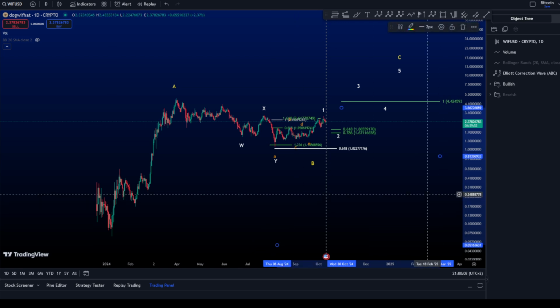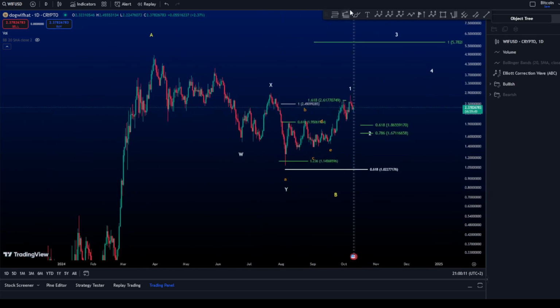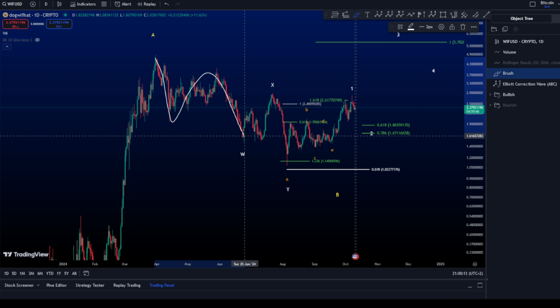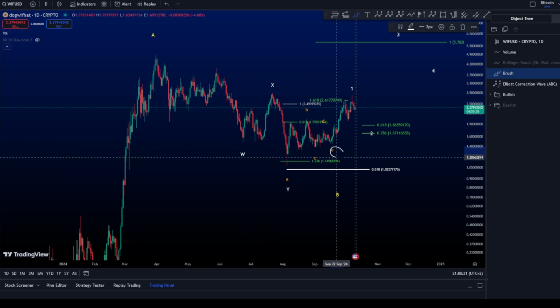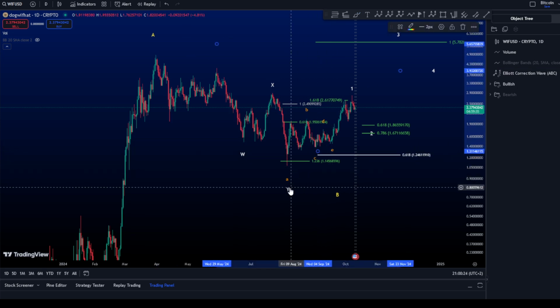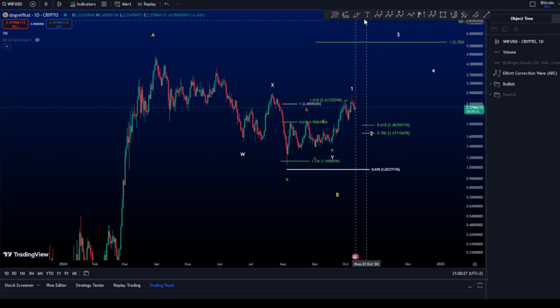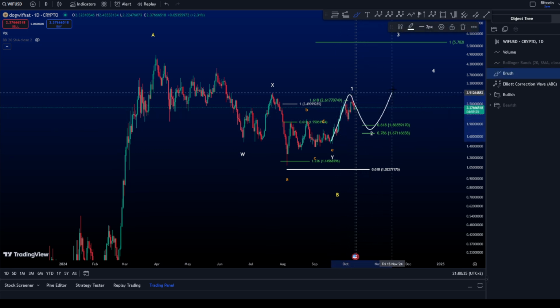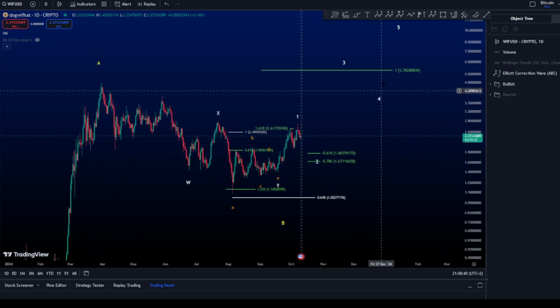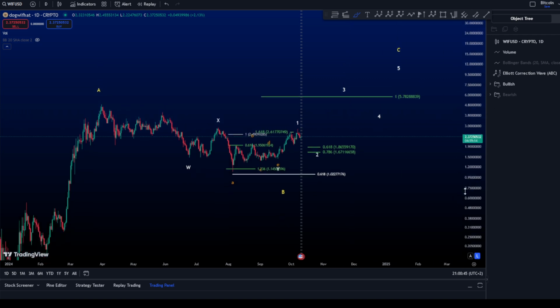Your WXY has finished, of course, as a W in a zigzag, where we can see here a zigzag, and another zigzag for your wave X, and A, B, C, D, and an E as a triangle for your wave Y. So, of course, your wave Y has finished here with the E, and after this, we said that we have to start to look for higher prices, and here we go, a nice clean impulse towards the upside, looking, of course, for a wave 3 later on at the 1-to-1 fib level at least, for $5.78 for WIF.